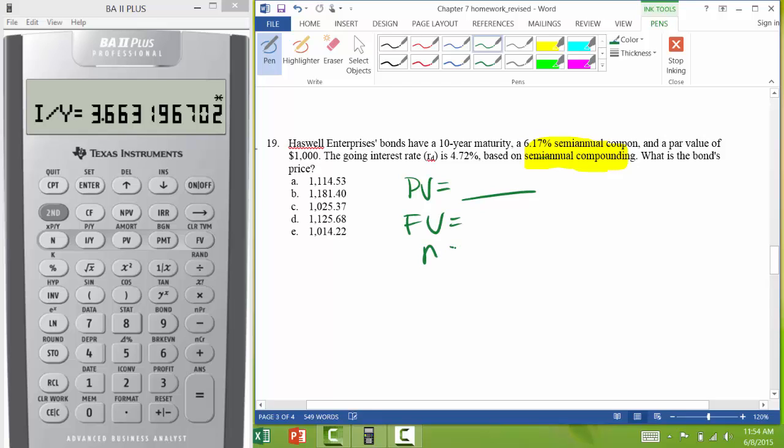I'll write down my other pieces. And since it's semi-annual, I'll have to adjust the payment and the interest rate. We've got a 10-year maturity, but it's semi-annual, so I have to multiply this times 2 to get 20.